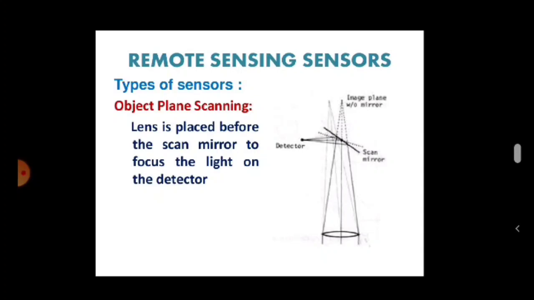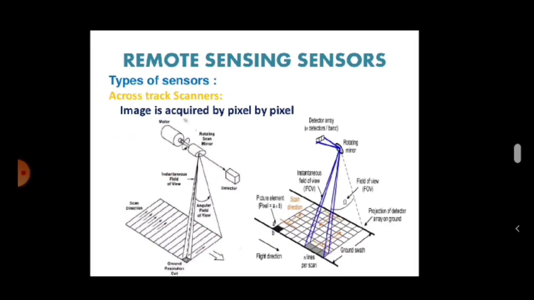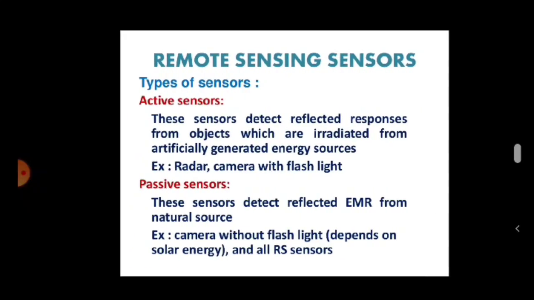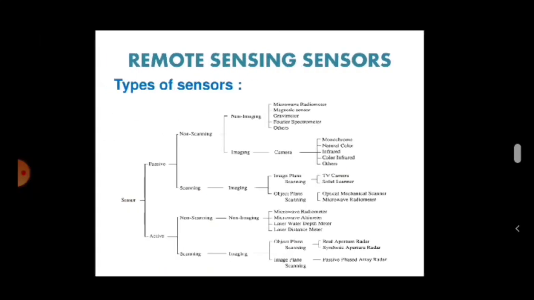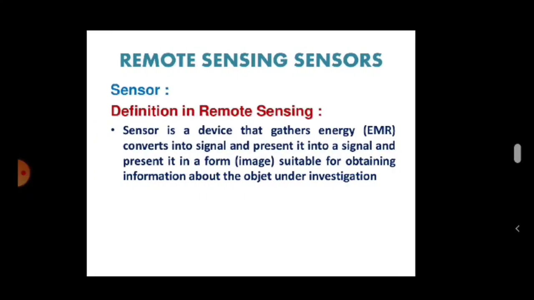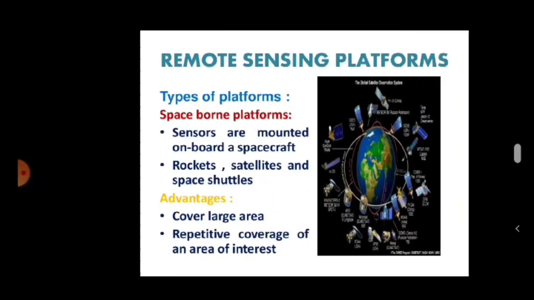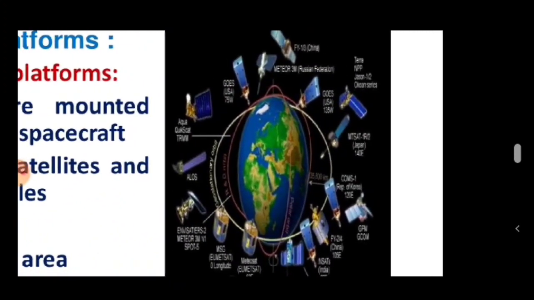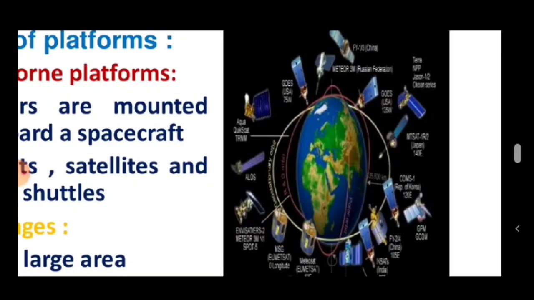Then another passive sensor is NOAA, which stands for National Oceanic and Atmospheric Administration. These have advanced very high resolution radiometer instruments to image the planet in 5 bands.